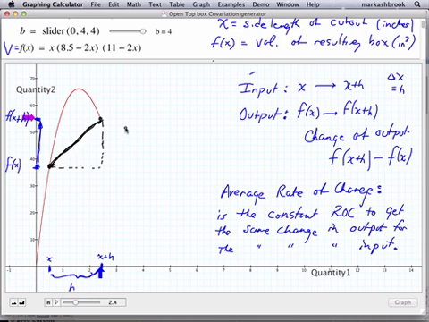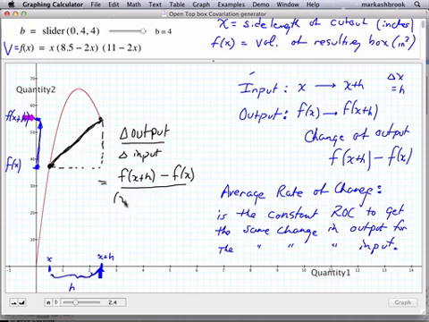The constant rate of change will be change in output per change in input. Well, we already found that. What is the change of output? F of x plus h, the final output, minus the initial output, over h, or x plus h minus x.